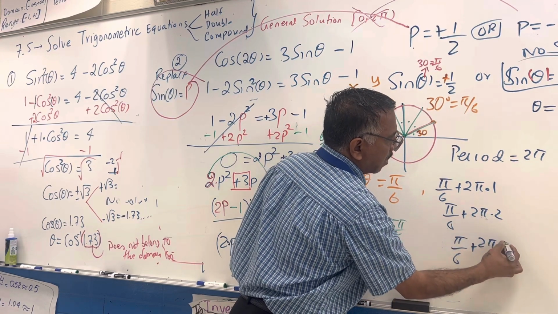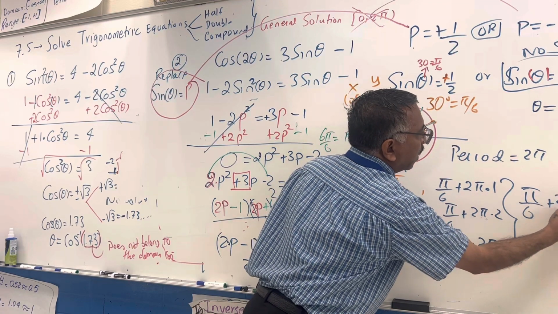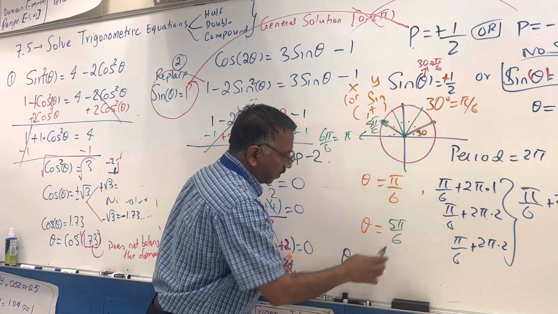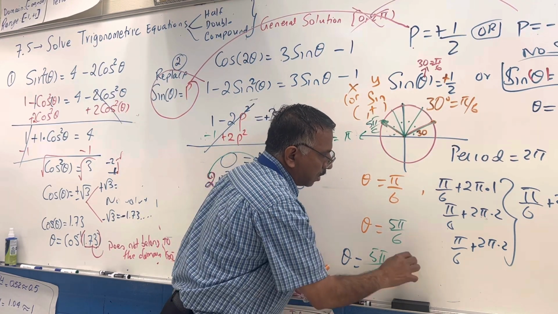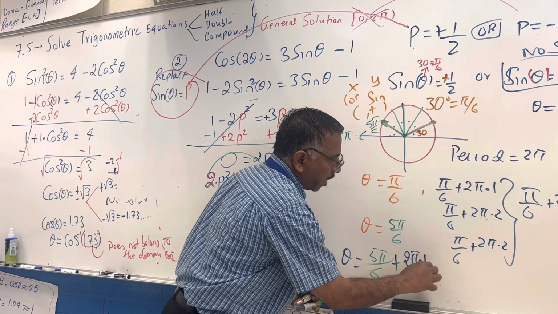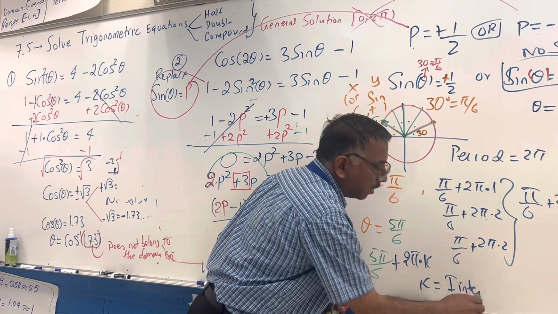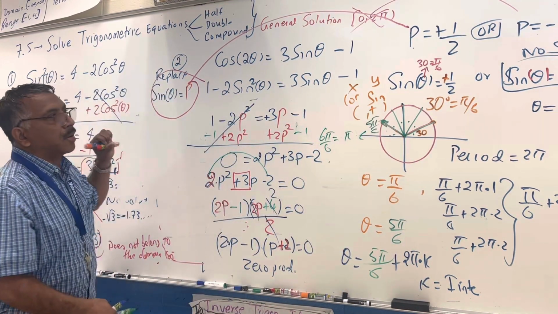Instead of writing all this, club it together and write pi by 6 plus 2k pi, and you're done. The same thing you do here: theta is this green color 5 pi by 6, plus 2 pi times k, where k is an integer, and that's it. You're done. So this is problem number 1 and problem number 2.